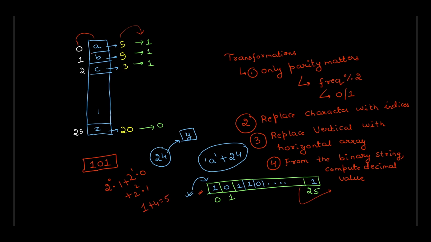So either you visualize it as 101, a binary string of length 3, or as a single number, 5. There is a one-to-one mapping between them, because any decimal value has a unique binary representation, and any unique binary representation has a unique decimal value associated with it.